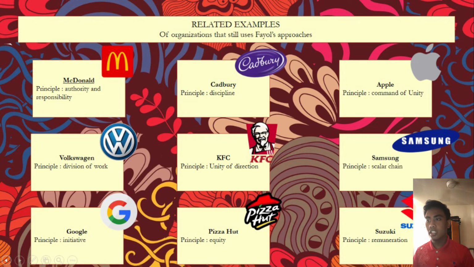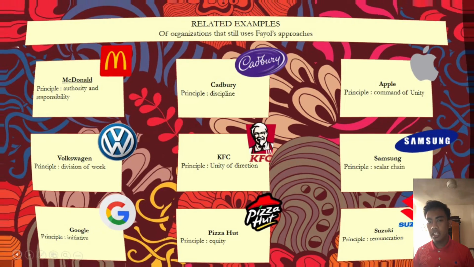Apple uses the principle of unity of command, Volkswagen division of work, and KFC uses Fayol's approach too, which is unity of direction. Samsung uses the principle of scalar chain, Google uses the principle of initiative, Pizza Hut uses the principle of equity, and Suzuki uses the principle of remuneration.